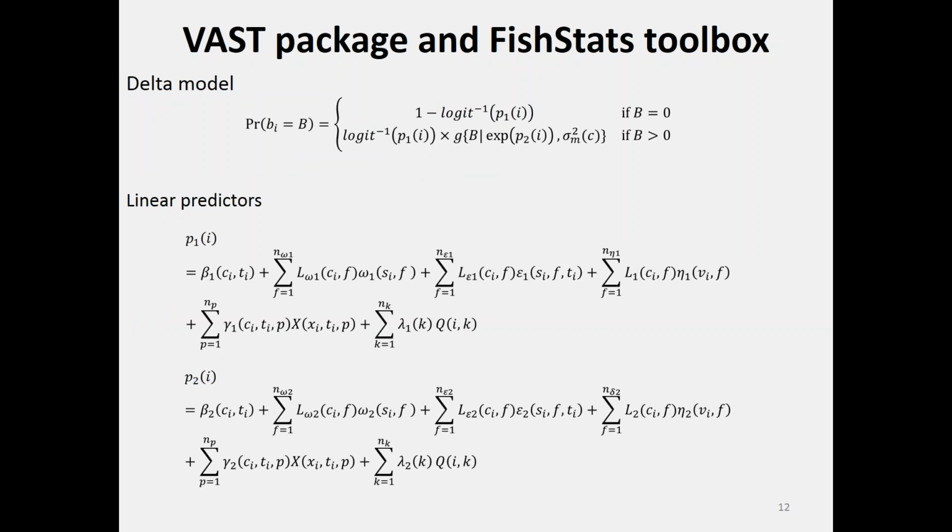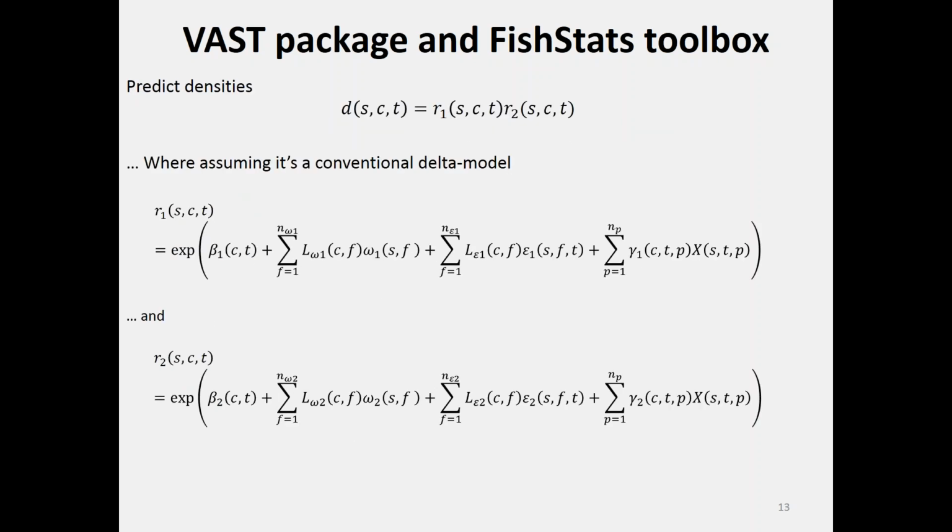You'd have to do some bookkeeping to make sure that at any location you figure out what the knot is, get the knot effect at a coarse scale, and then the covariates at a finer scale. Then you'd use that same coarse scale for the spatial variation and the fine scale for the habitat covariates when predicting density.